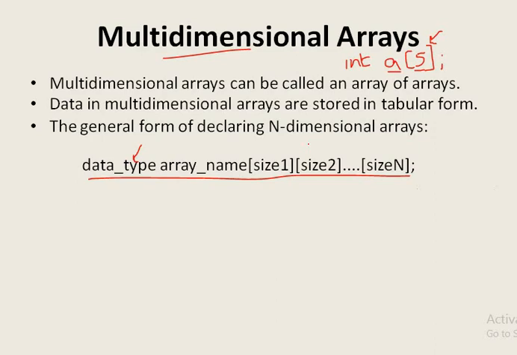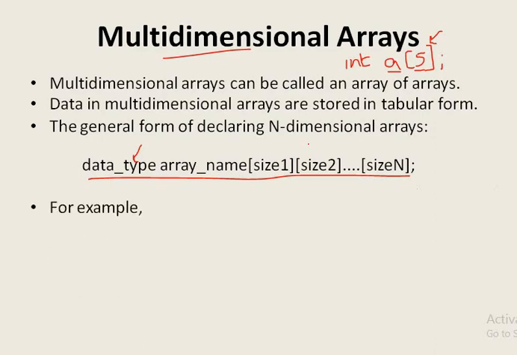If the number of dimensions or subscripts is 3, it is called a three-dimensional array. All these arrays, two-dimensional, three-dimensional, up to n-dimensional, are generally called multidimensional arrays.